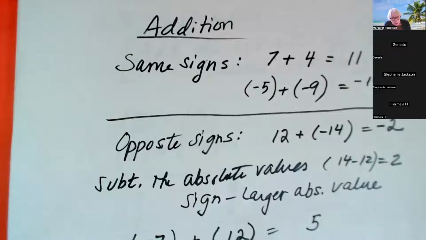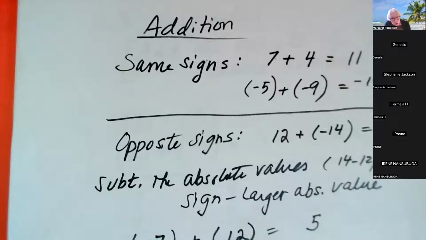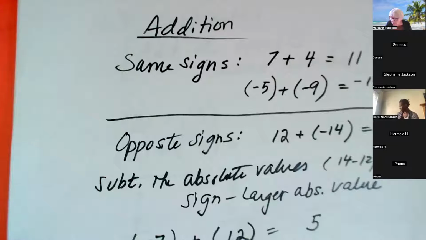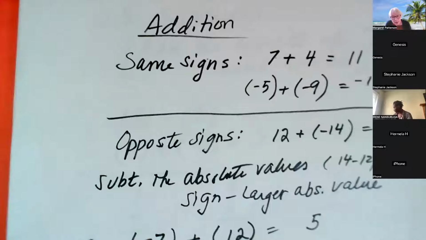In addition, if you're adding two numbers and the signs are the same, two pluses or two negative numbers, then you add the numbers, like 7 and 4 makes 11. But in the second problem, you add 5 and 9 makes 14. But when they're both negative, it stays negative.